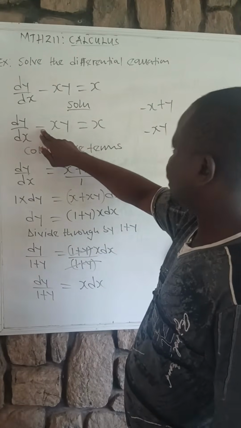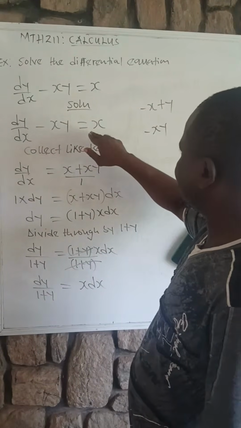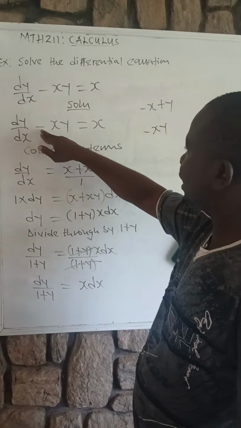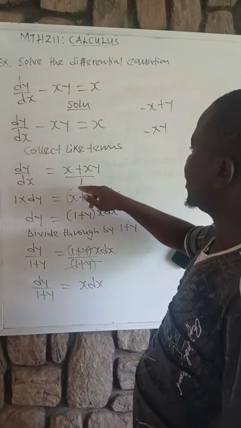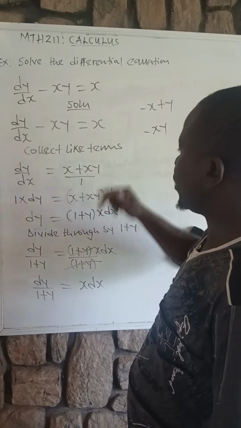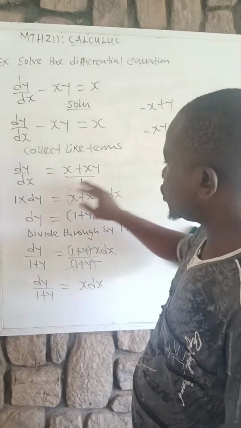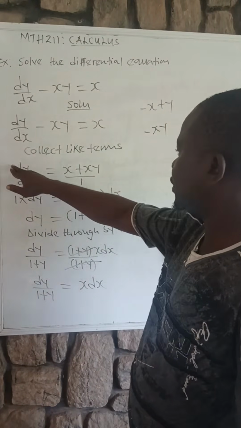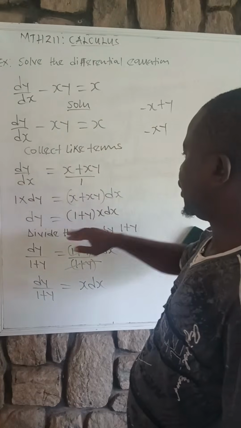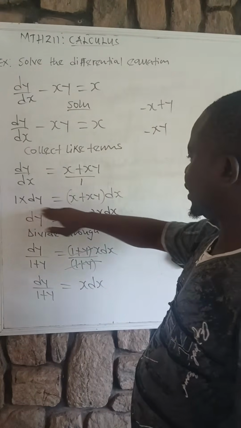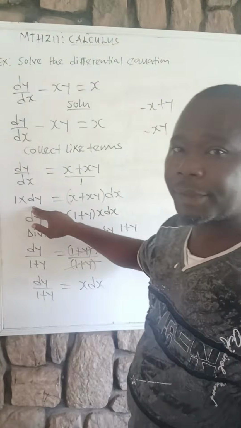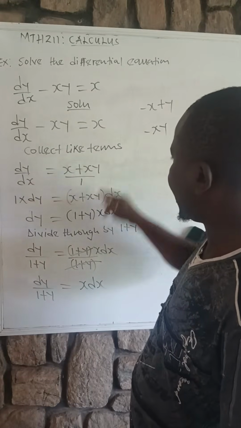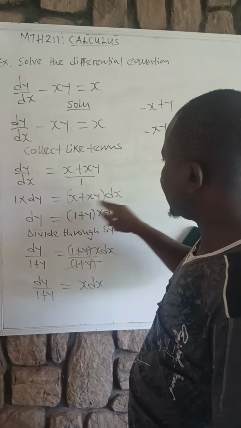So minus, they are crossing over to meet this x. Since here is minus, here will be plus x plus xy. Then you cross multiply. When you cross multiply this to this, then this to this, you are going to have this 1 times dy, true or false, then equals to x plus xy times dx.